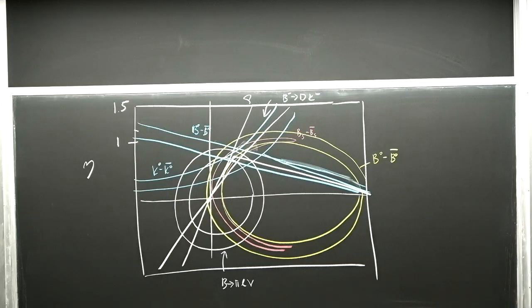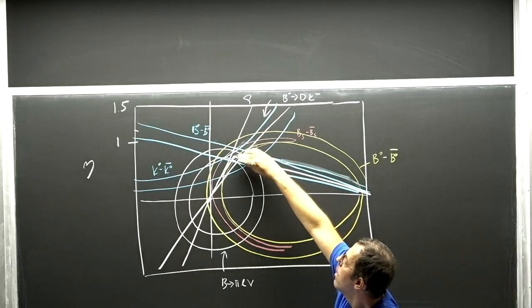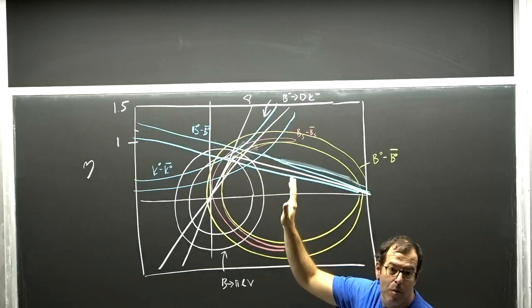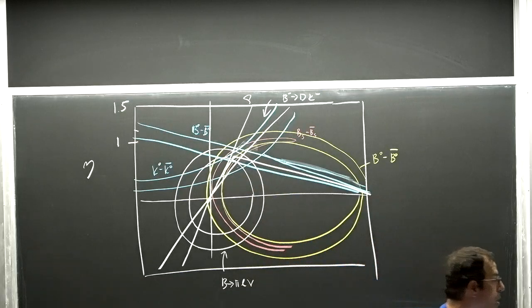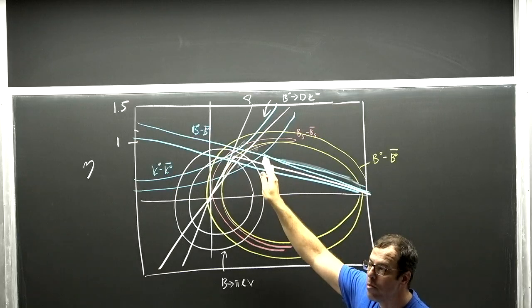There's an extra one that I will not draw, but you already see, no? There's many lines. The most important thing is they all meet. There are many different measurements that you can do. The ones that are on the figure are the ones that are the most sensitive with controlled theoretical errors, so that you can interpret well what this implies for the CKM.